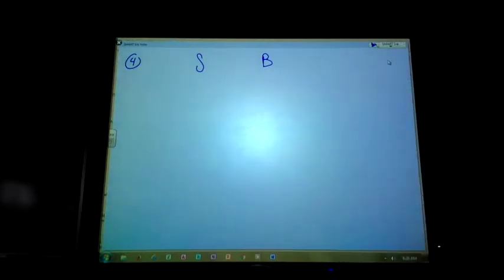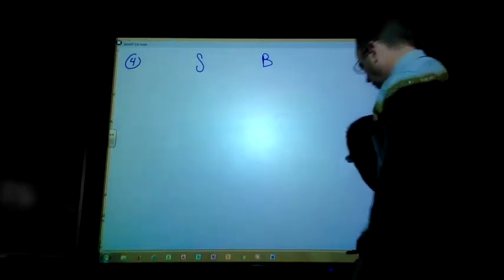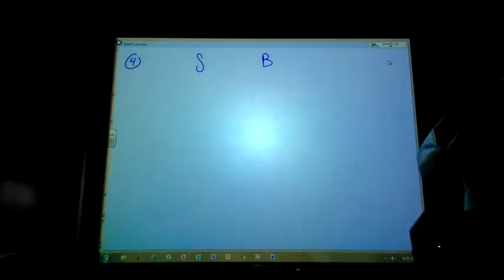So I'm going to use that kind of weird looking S so we don't get confused with a 5. Okay? Everyone still with me? And I'm using the B. We're not going to try and confuse that with the number 8. All right. So Angelo, help me out here. We have a big number and we have a small number.